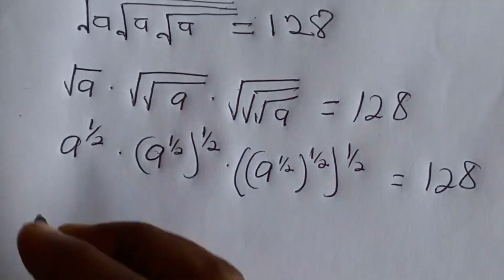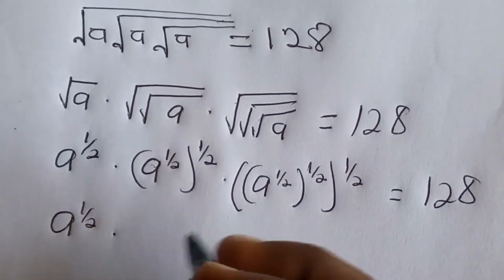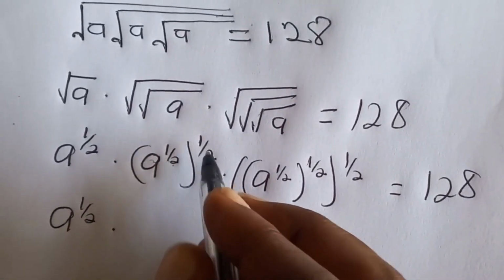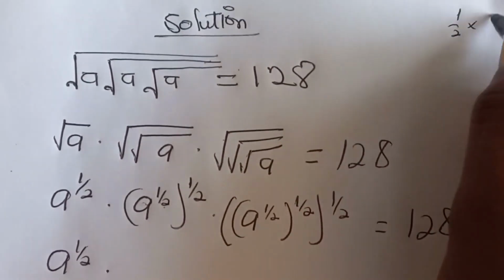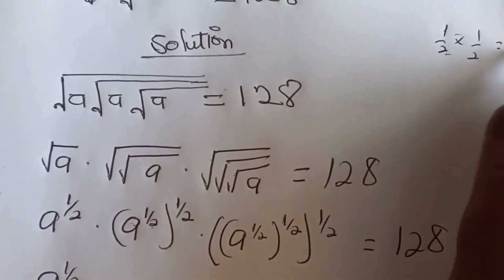Now a power half multiplied by this one: half times half is the same as 1 on 2 multiplied by 1 on 2, which is 1 on 4.